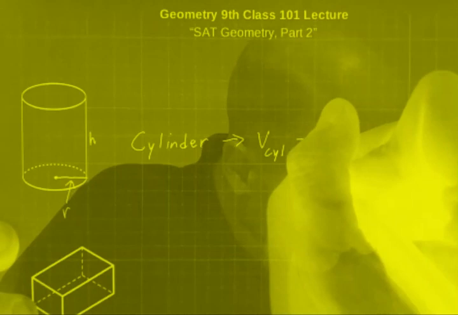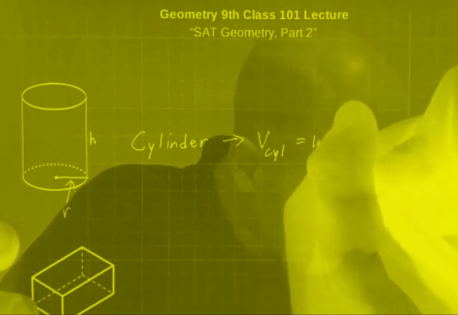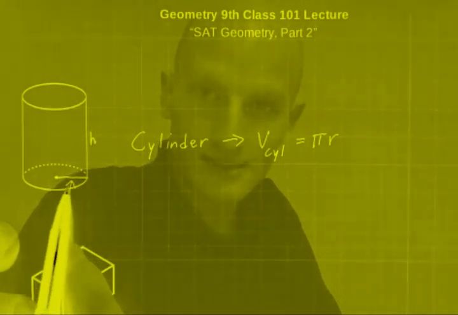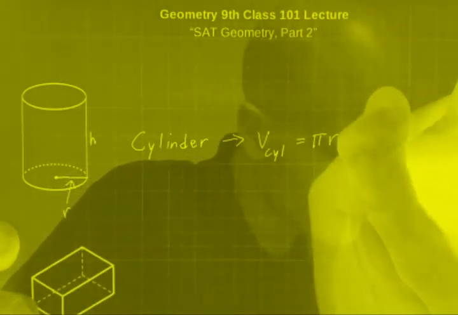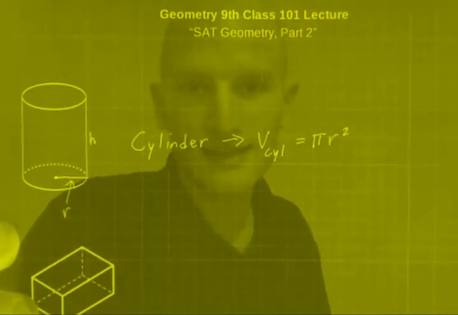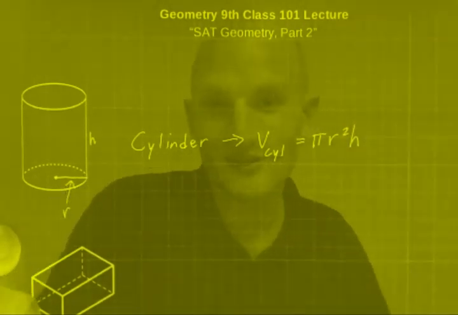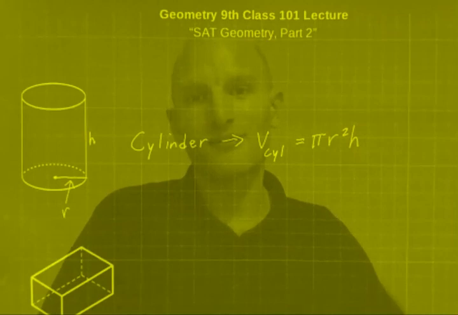The volume of a cylinder is pi times the length of the radius squared, right? The pi is not squared, only the radius, times the height. And that will give you the volume, okay?